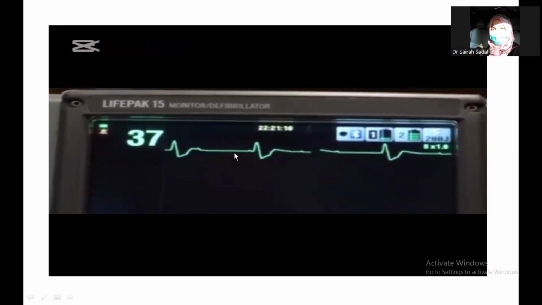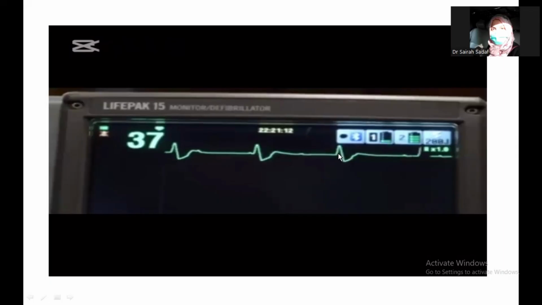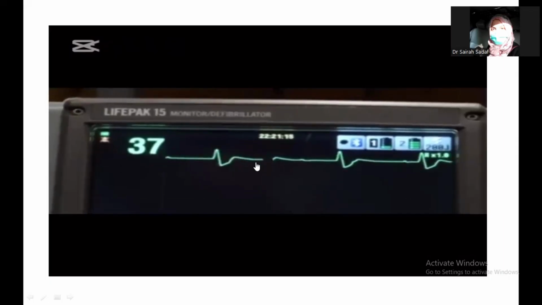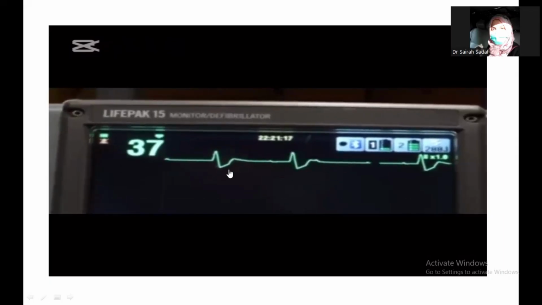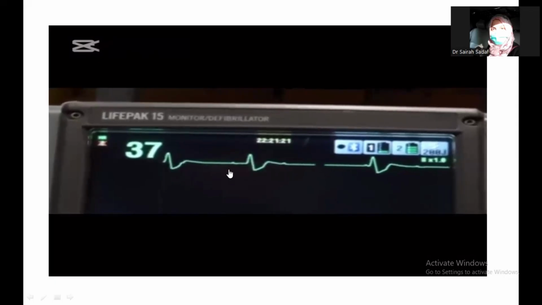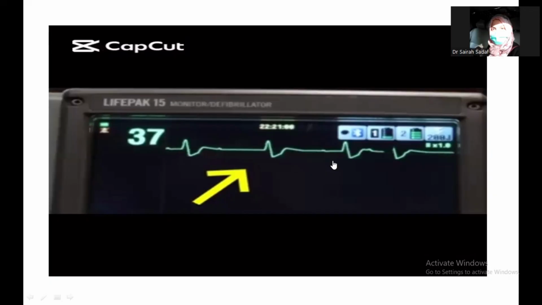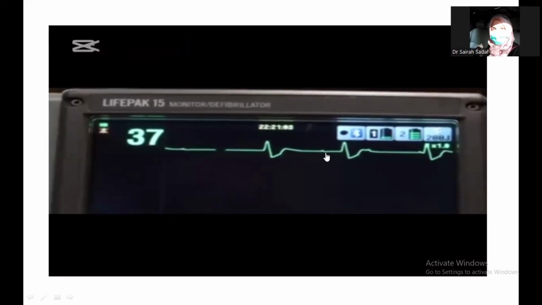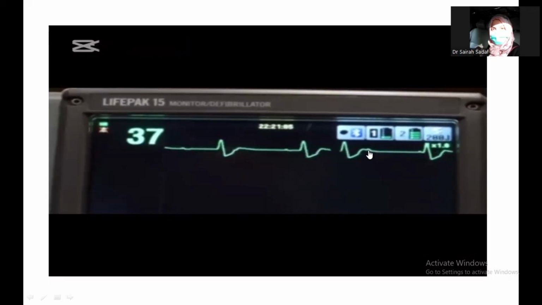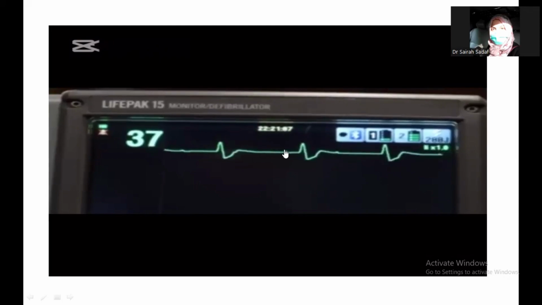Look at the P wave. Look at the QRS complex. There's a dissociation between the P wave and QRS complex, and that means the PR interval is not regular. P wave is coming out on its own anywhere between, and you can see it's appearing here, here, here, just near that, after that, before that.